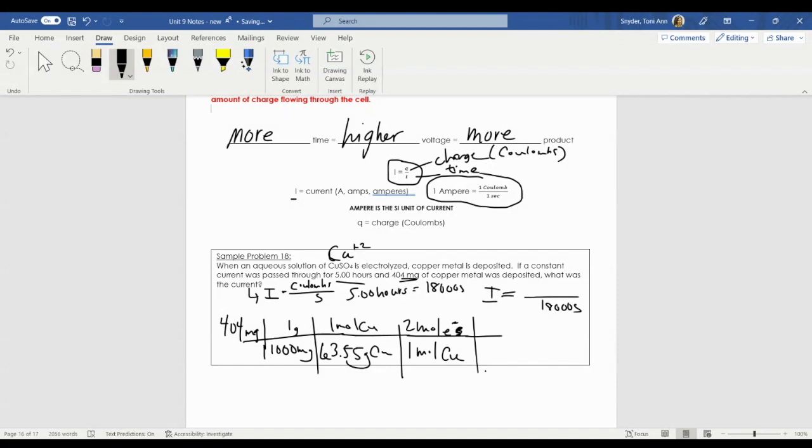I'm still not in units of coulombs, but if I remember, 1 mole of electrons corresponds to a certain amount of charge. That's Faraday's constant. So 1 mole of electrons has a charge of 96,485 coulombs.